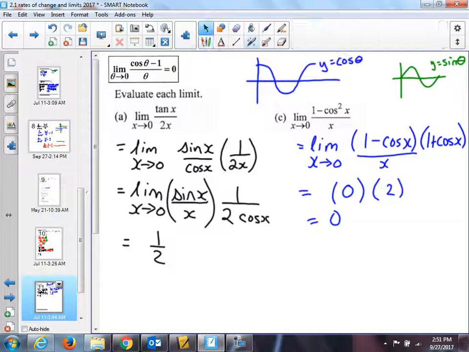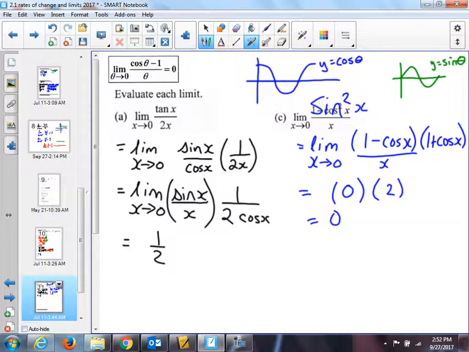Now, the other way of doing this is, what was the Pythagorean theorem? Sine squared plus cosine squared equals 1. And it is a squared plus b squared, but that comes from the unit circle. That's where the sines and cosines are. So 1 minus the cosine squared would be sine squared x, you'd think, right?